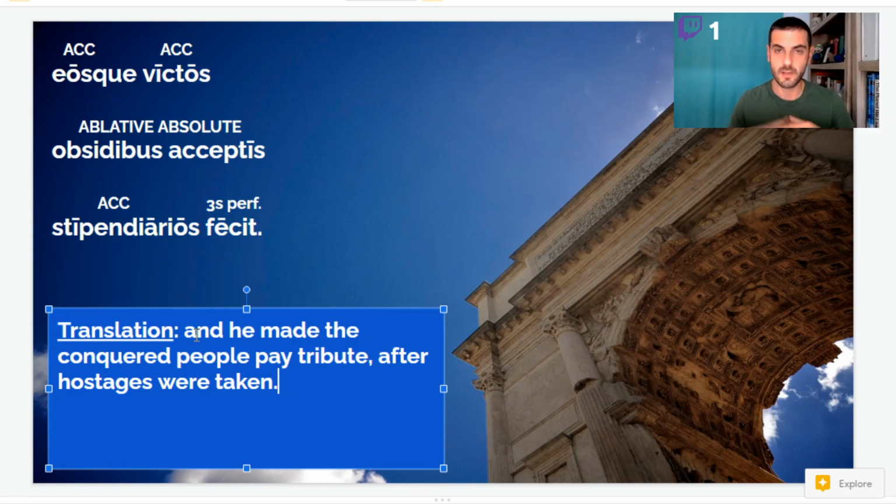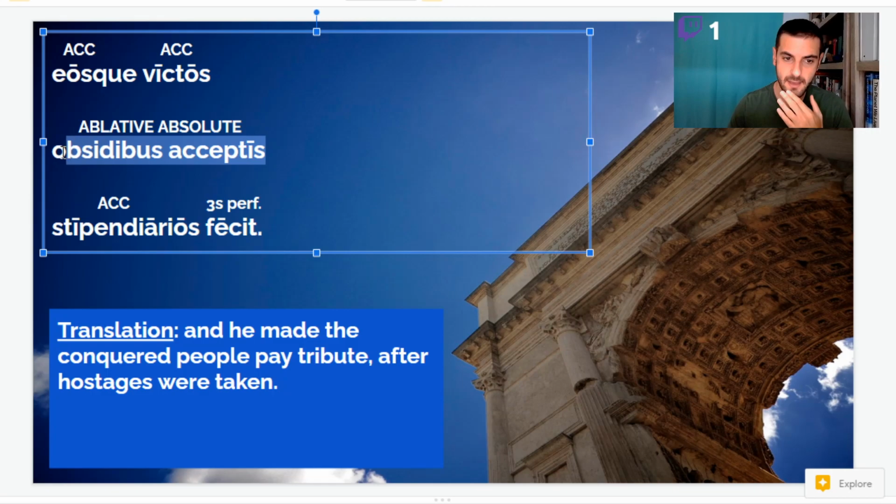It's just that we'll have much smoother negotiations if you have some of my important people and I have some of your important people. It just keeps the negotiation going a little bit. So after hostages were taken is basically like saying after there were negotiations. So after there were negotiations, he made them being the conquered Britons, he made them pay tribute.